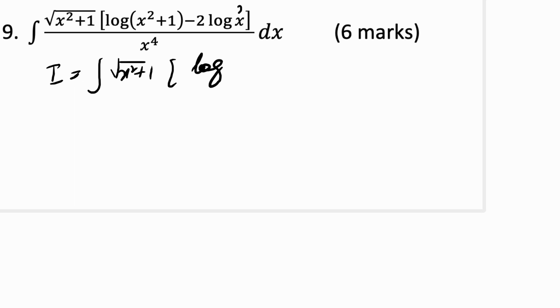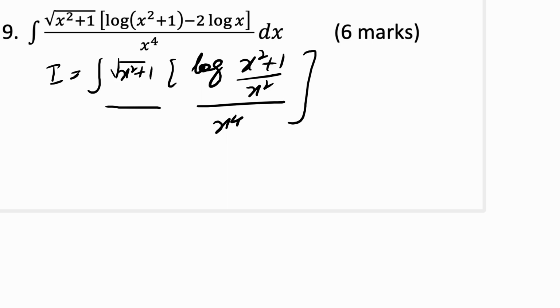This power will go over here, x square, and I can write it down as x square plus 1 upon x square, whole upon x to the power 4, not just log but the whole thing. Now we'll do let x square plus 1 upon x square is equal to t.